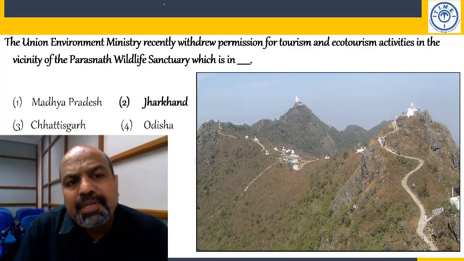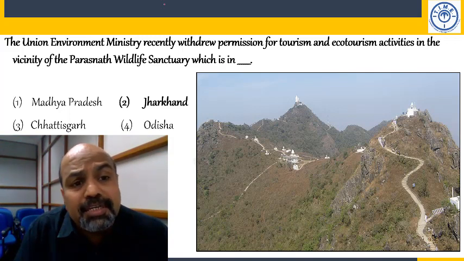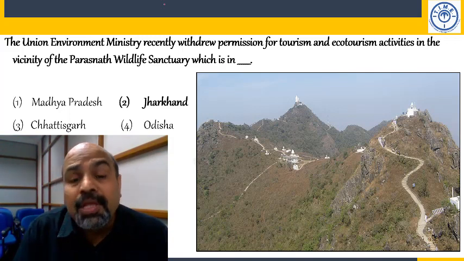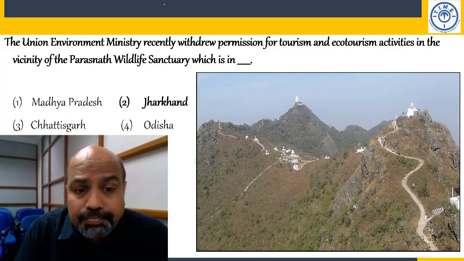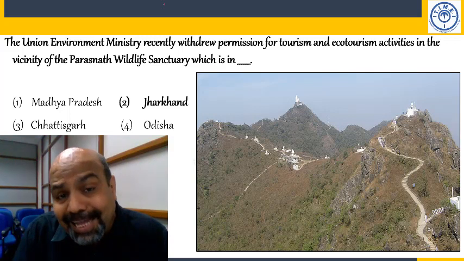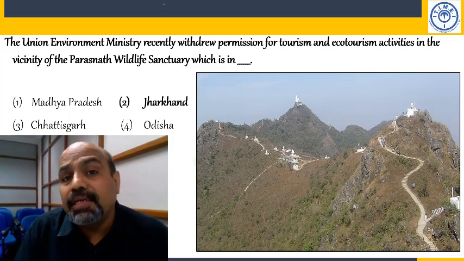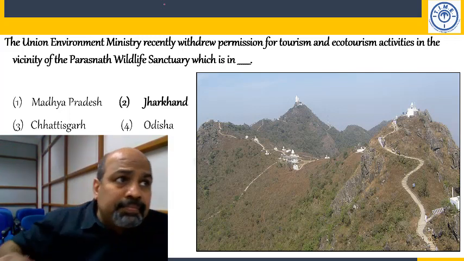The Union Environment Ministry recently withdrew permission for tourism and ecotourism activities in the vicinity of the Parshnath Wildlife Sanctuary, which is in Jharkhand. This is one of the 5 most sacred pilgrimage sites in the Jain faith.